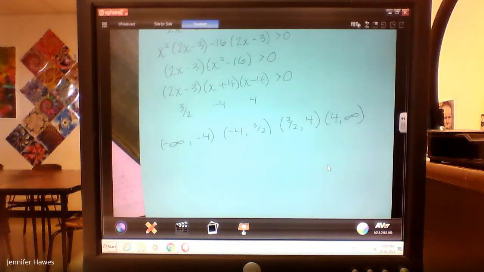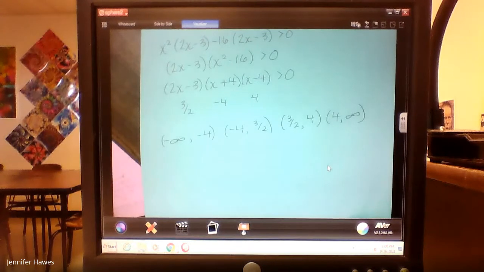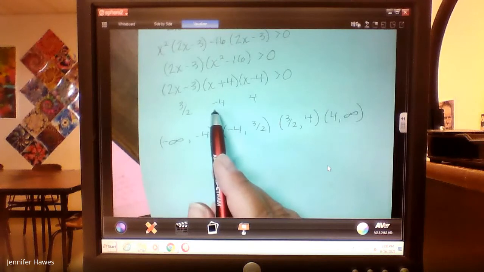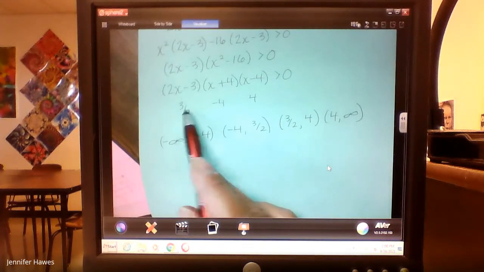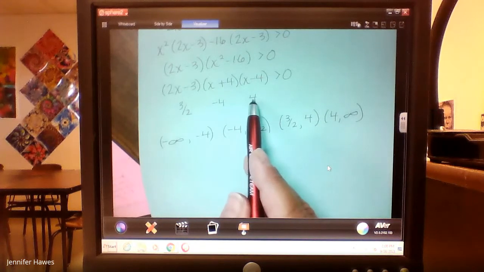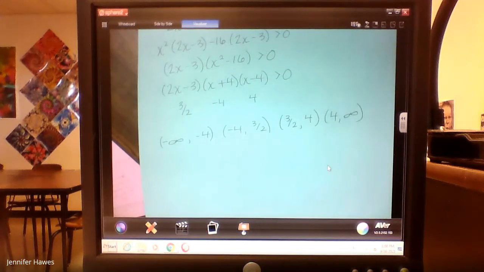Why don't you have to do 3/2 and infinity? Because 4 is bigger. I put them in order: the -4, the 3/2, and the 4. So if I go from negative infinity up to the smallest number, and then I have the one between these two numbers, and the one between these two numbers, and then that's my biggest number onto infinity. Okay, good now.